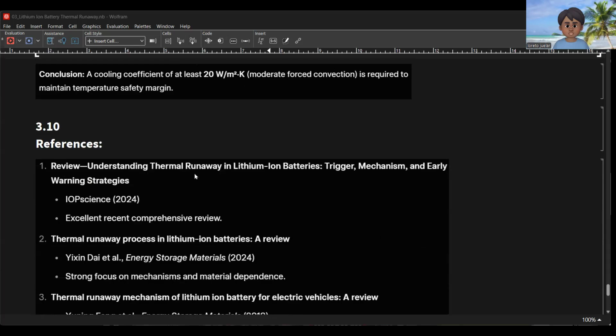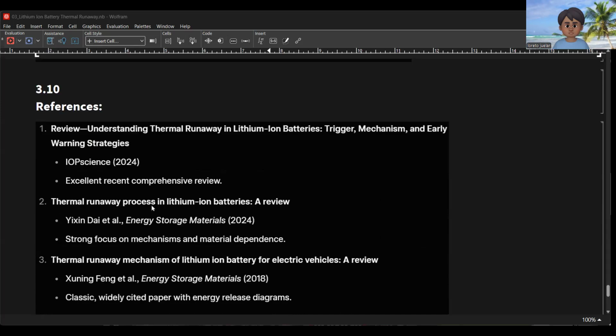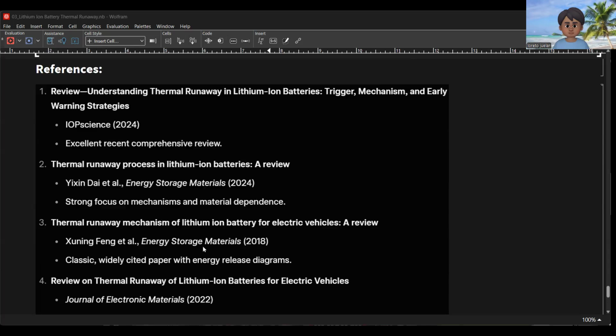Number one, Review: Understanding Thermal Runaway in Lithium-ion Batteries, Trigger Mechanism and Early Warning Strategies, IOP Science 2024. Excellent recent comprehensive review. Number two, The Thermal Runaway Process in Lithium-ion Batteries: A Review by Yuzhen and Dai et al., Energy Storage System 2024, with a strong focus on mechanism and material dependence.